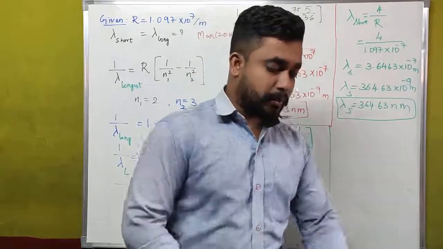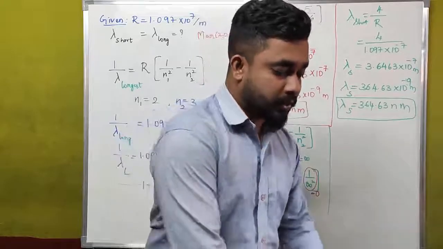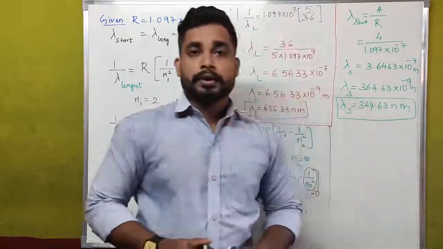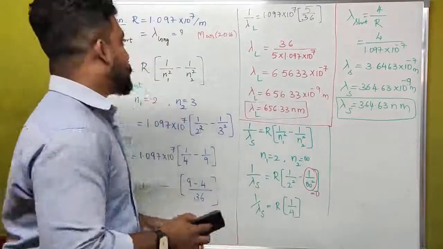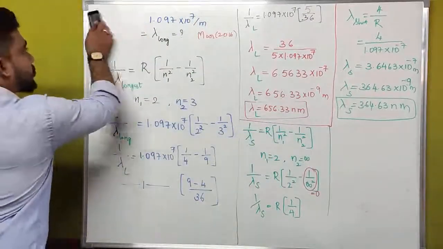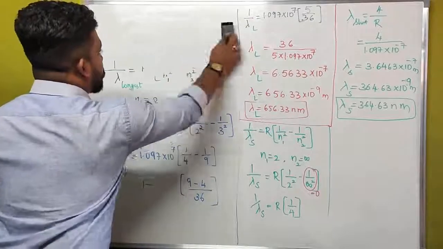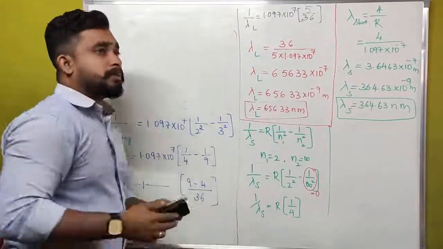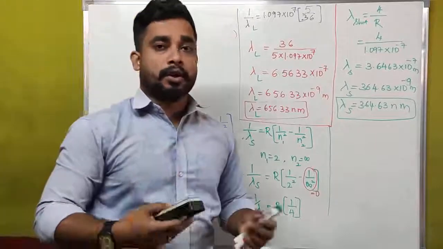Actually, this is the problem. What he has given is a metal surface. On that metal surface there will be a lot of electrons.